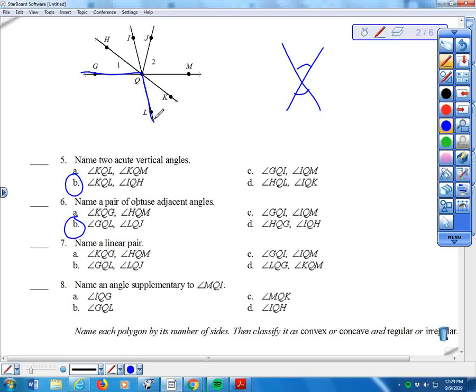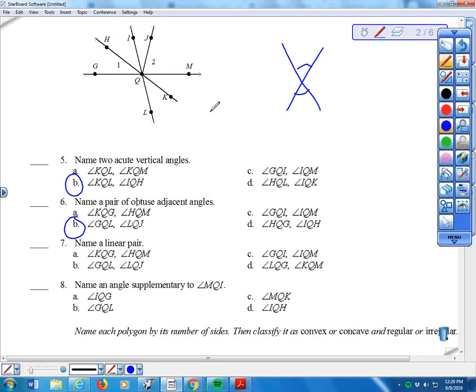No. They add together to be more than a straight line. So that's not it. And then GQI is here. And IQM, there it is. So when you add these 2 together, there's your straight line. Follow the logic there?